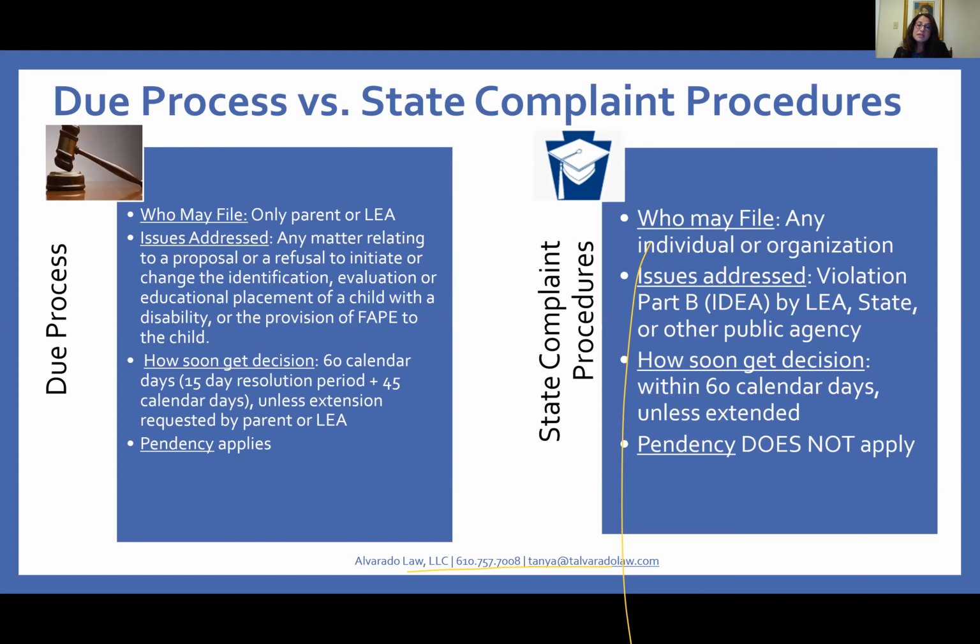For due process, only the parent or the school district can ask for due process. That's it. And like I said before, it would be someone who has a legal right to represent your child in a legal capacity.